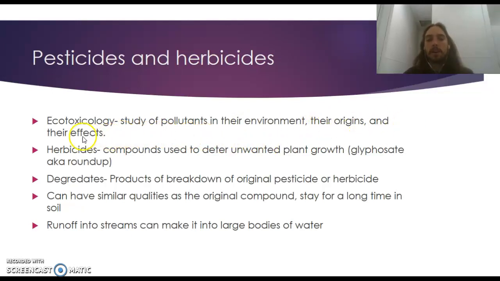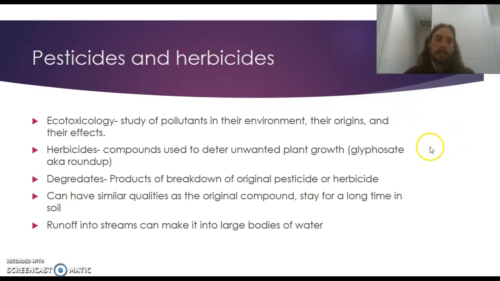And this ecotoxicology kind of came from the DDT era that I was telling you about, and how the birds were laying eggs that had really thin shells and basically created the epidemic for osprey and bald eagles back in the 60s and 70s. So that's where ecotoxicology kind of came about. We needed someone to figure out what the heck's going on, where is it coming from, why is it happening, that type of stuff.